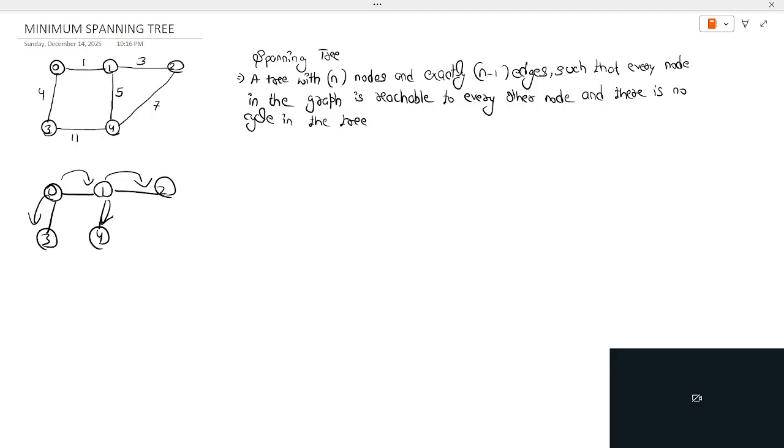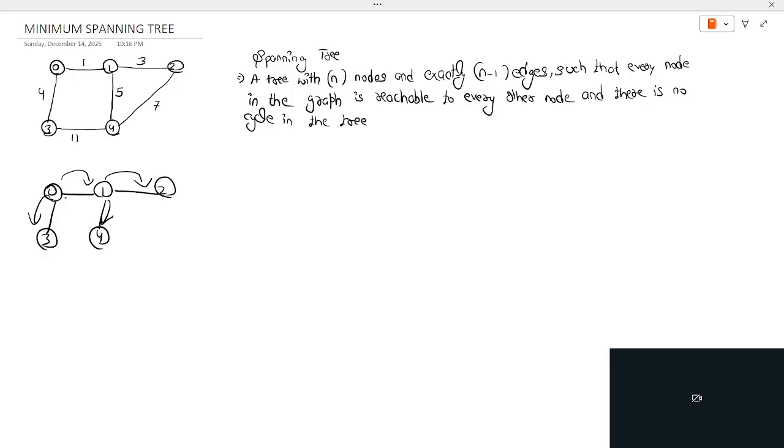To make two nodes connected in a spanning tree, it is not necessary to have a direct edge between the two nodes. The path between the two nodes can have multiple nodes in between. It's just that from every node in the graph, we should be able to reach any other node in the graph.